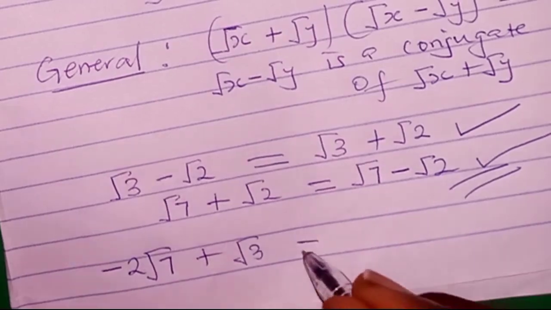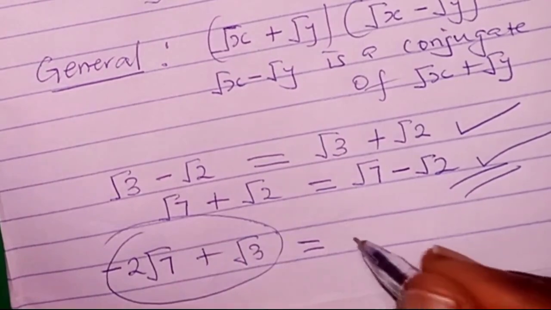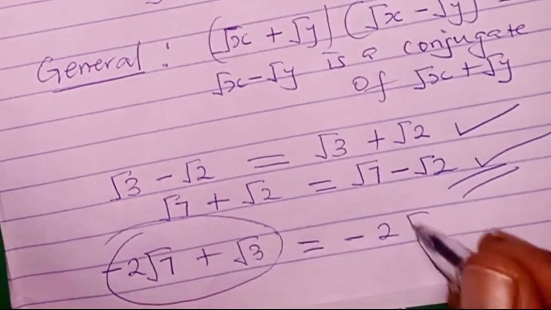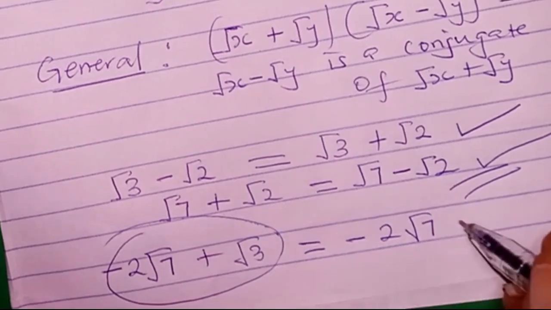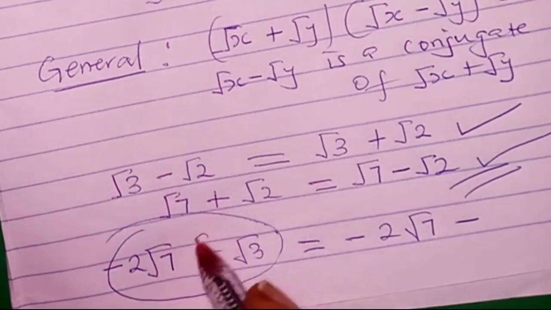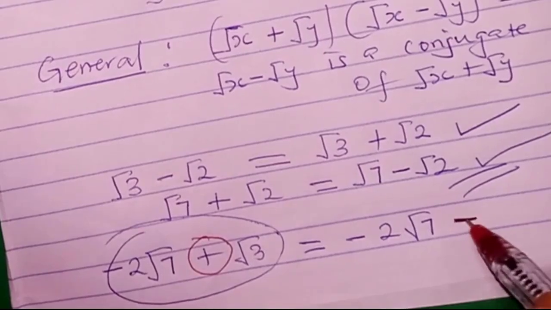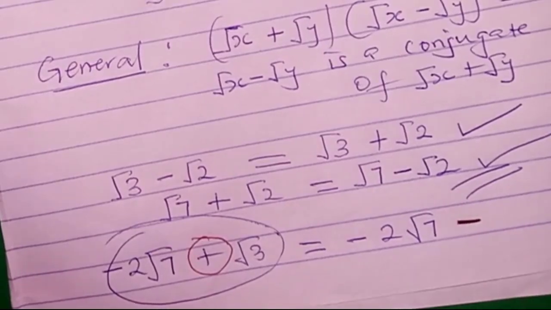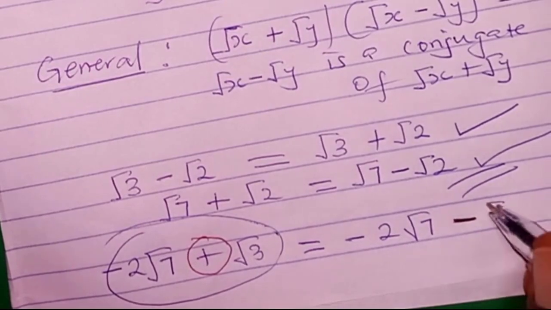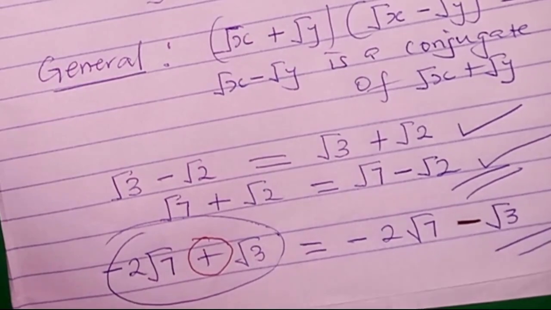So the conjugate of this will be minus 2 root 7 minus root 3. So this is how to get conjugates of surds.